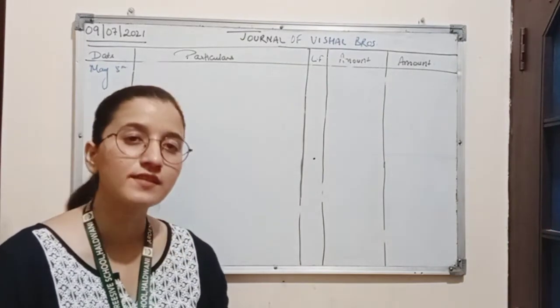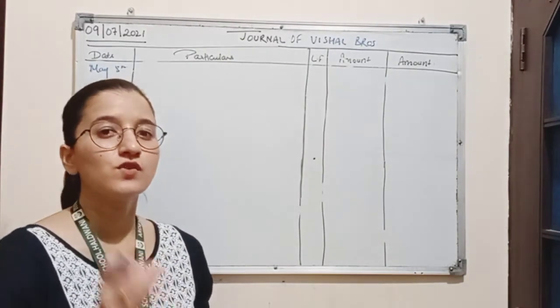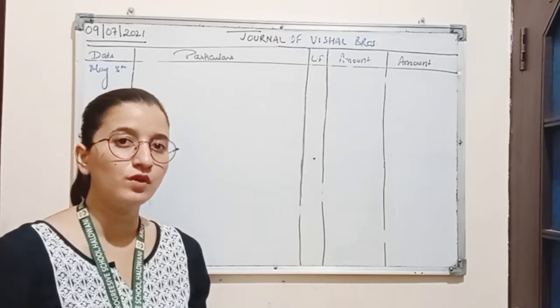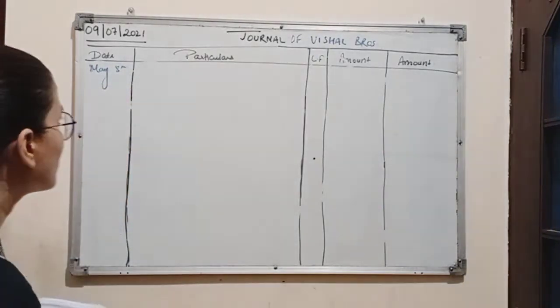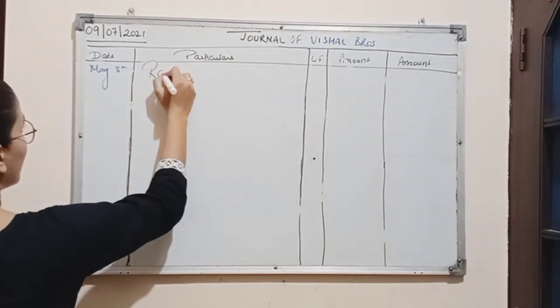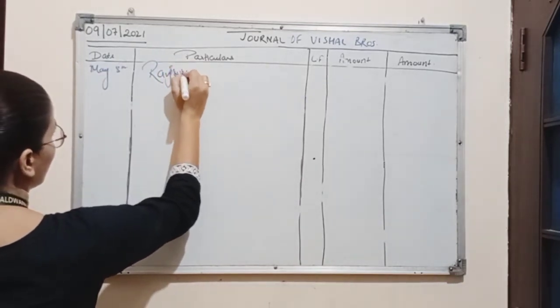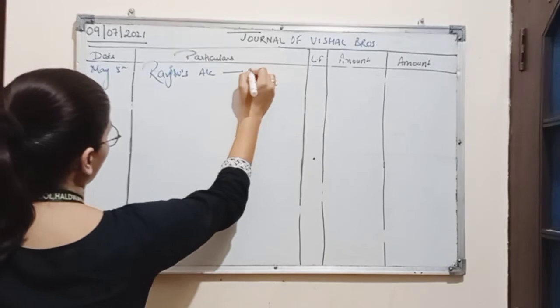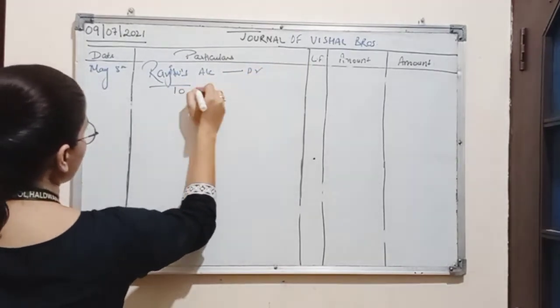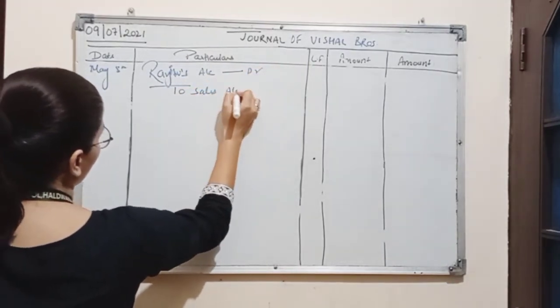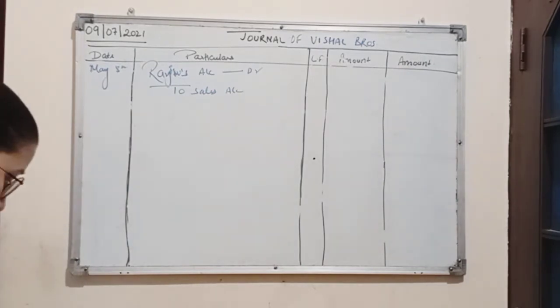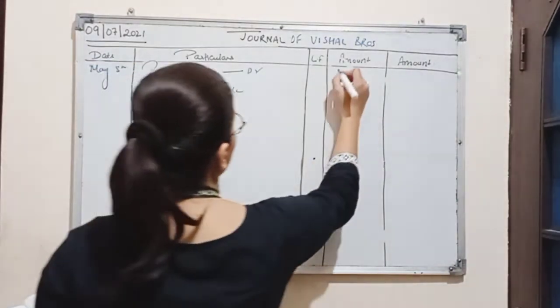And who is the receiver of goods? Rajiv. So according to the personal account rule, debit the receiver. So we will debit Rajiv's account. And sales account will be credited. Amount is 40,000.